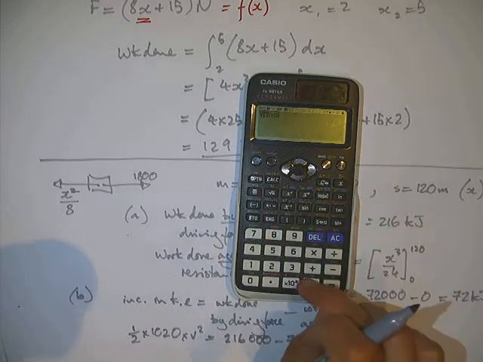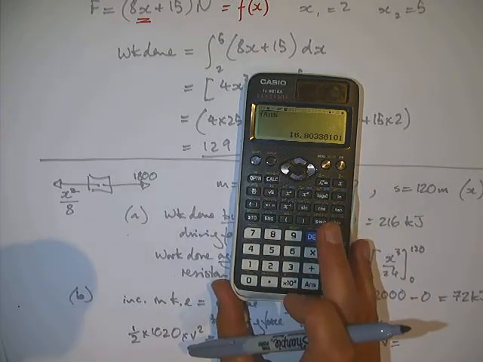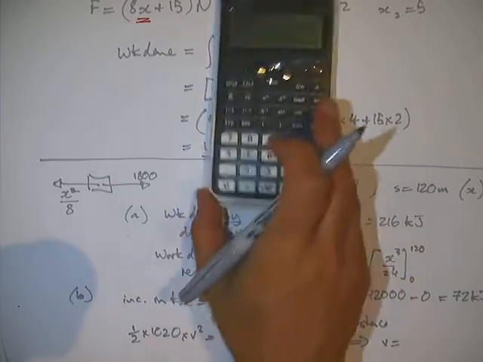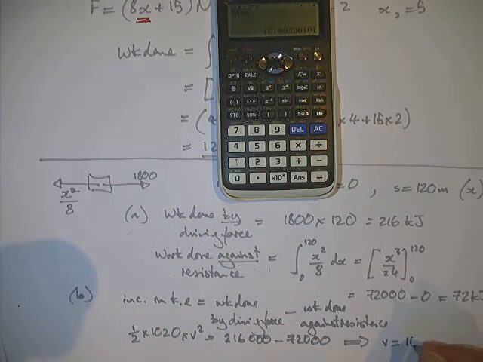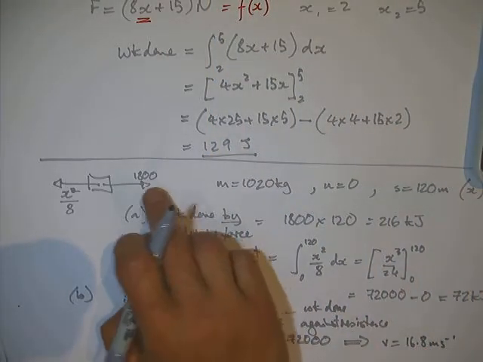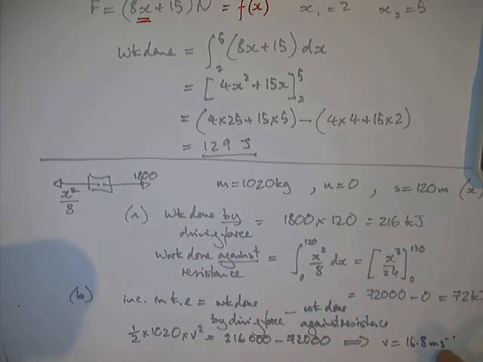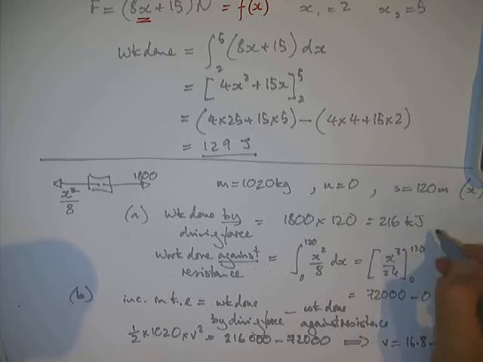Square root that, which is 16.8 meters per second. Two or three significant figures is fine, four or five not so good.